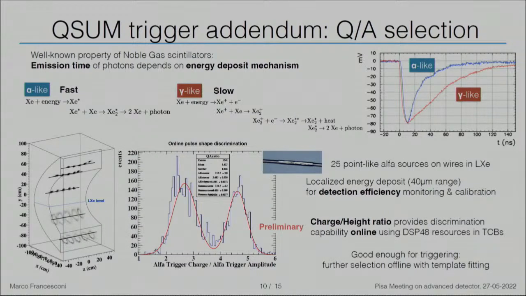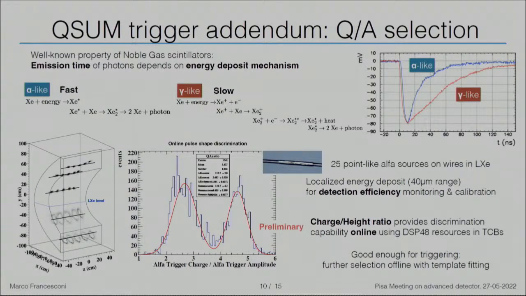We use that with 25 point-like alpha sources, which are immersed in the liquid xenon volume to produce localized energy deposits because of the small range of alpha particles in xenon. Because we know very well where the energy deposit happens, this can be used, combined with Monte Carlo, to obtain the quantum efficiencies of the detectors.